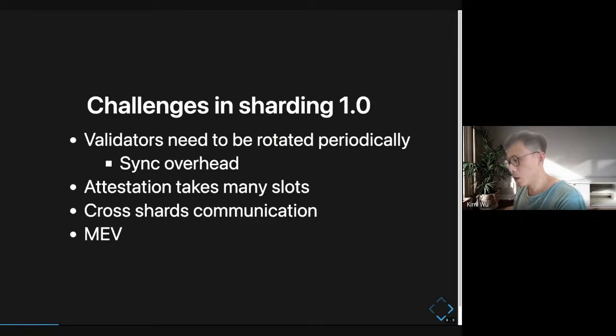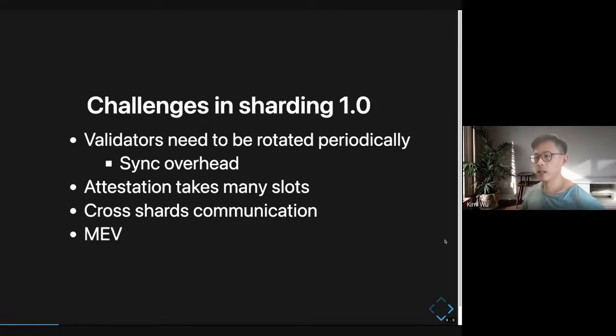When I'm in shard A, after a period I need to rotate to shard B, and that means I need to download all the data and transaction history from shard B. That is synchronization overhead, and you need to do this over and over again.